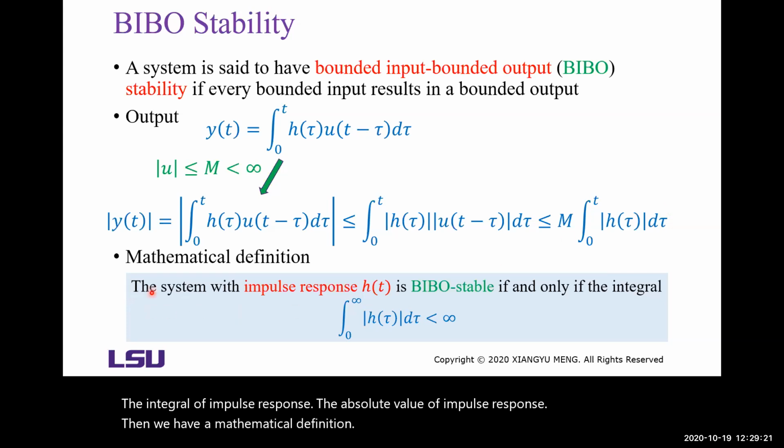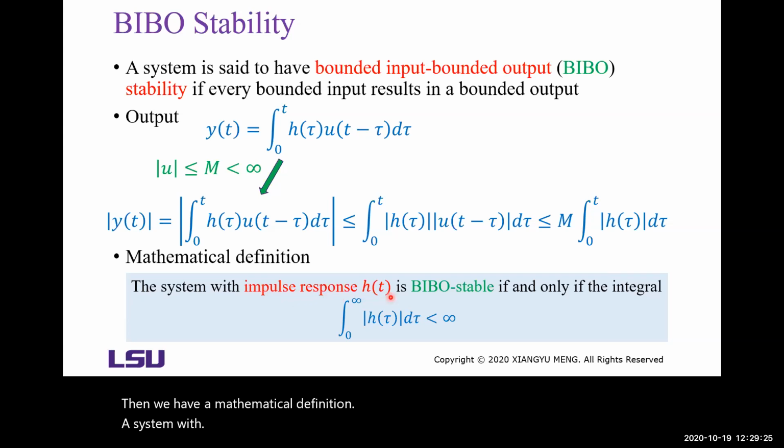A system with impulse response h(t) is BIBO stable if and only if the integral from 0 to infinity of the absolute value of the impulse response is less than infinity, because we need t to approach infinity.